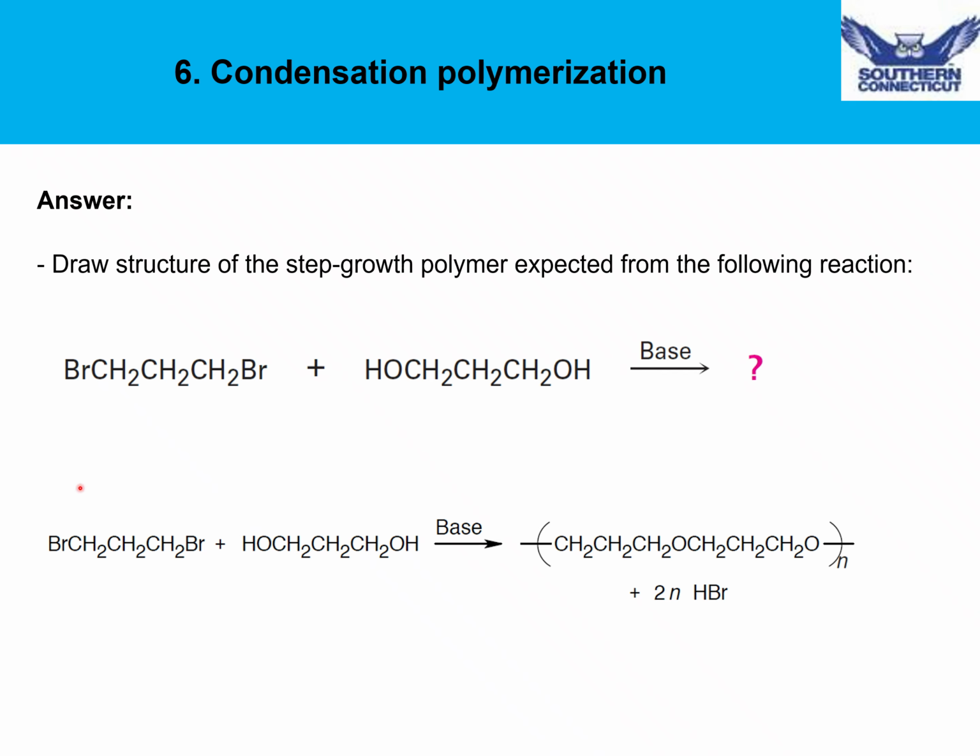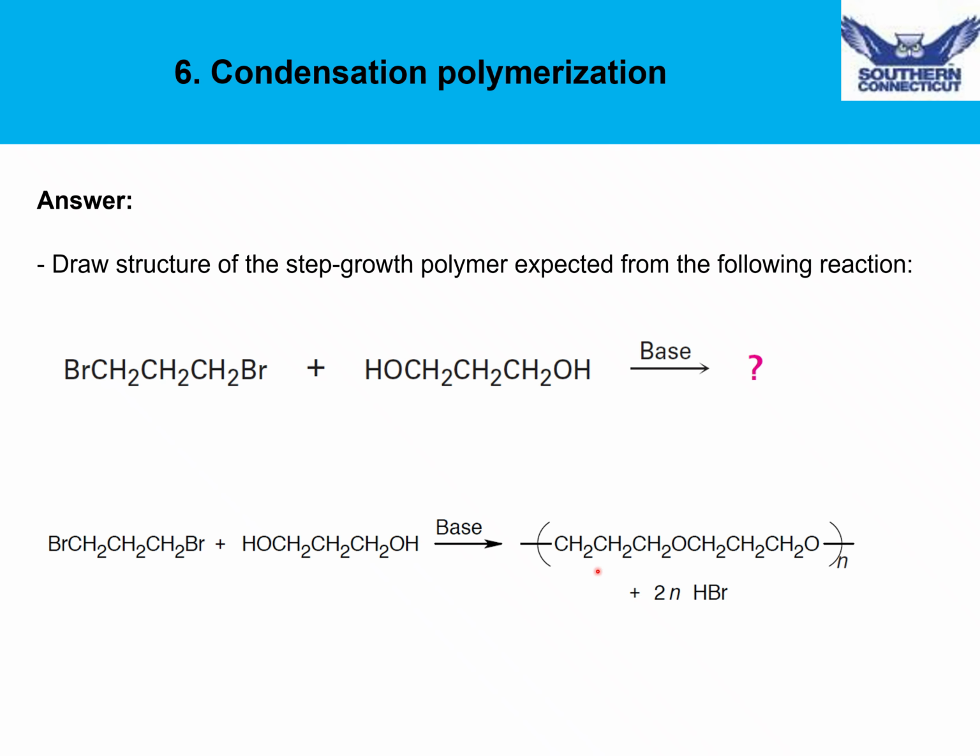When we have a dihalide and a diol and we include base, one of these alcohols will react with the carbon with the leaving group, doing an SN2 reaction. If we repeat that multiple times, we'll eventually make a polymer. That leads to a polymer that has this structure.